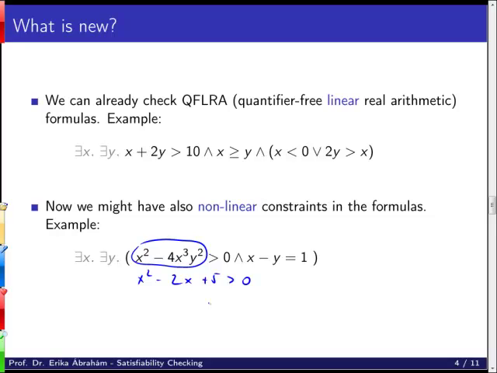Exactly. So if you have quadratic formulas, then you can compute the so-called zeros of the formula. The zeros, also called roots, are those values at which the polynomial takes the value 0. For a single quadratic constraint, you can use the PQ formula.